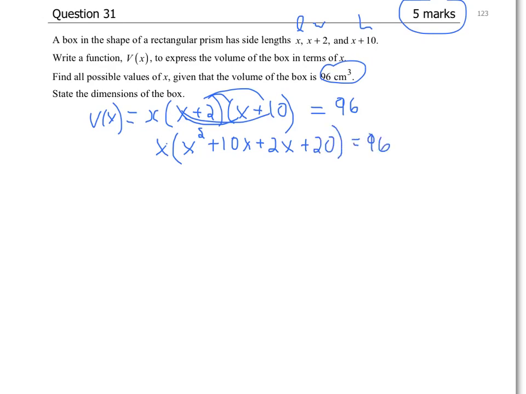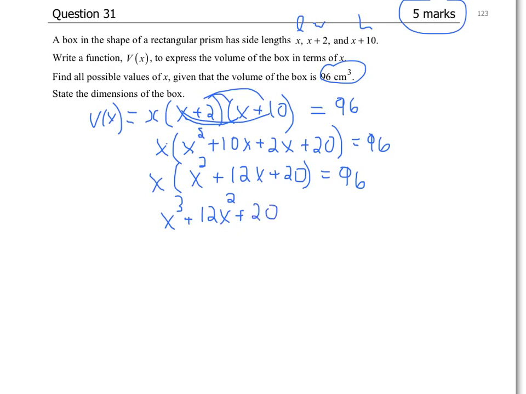So we're going to keep going here. This is x outside, grouping like terms: x squared plus how many x's do we have? We got 12x plus 20, and that equals 96. So lastly, we'll expand: x cubed plus 12x squared plus 20x, and that equals 96.